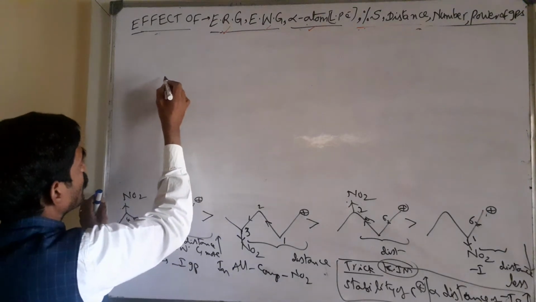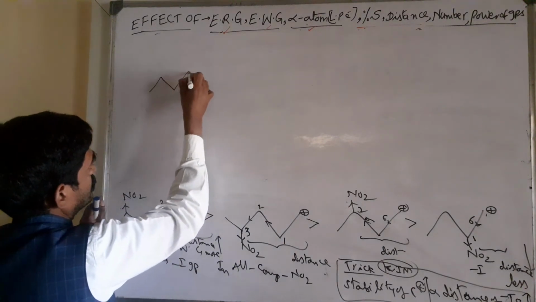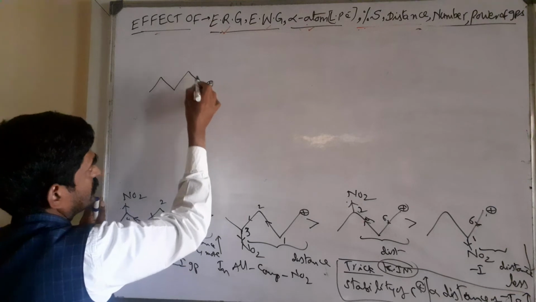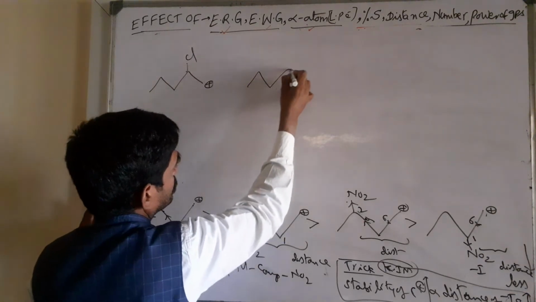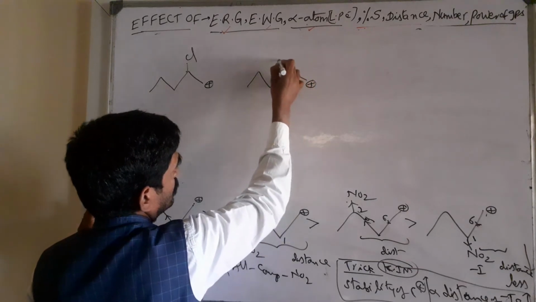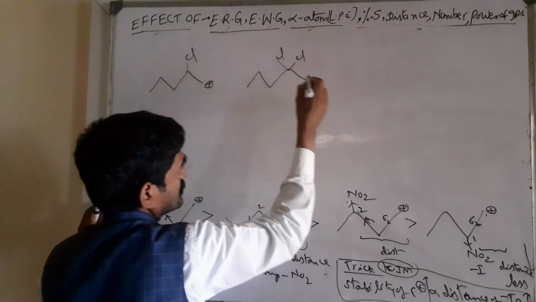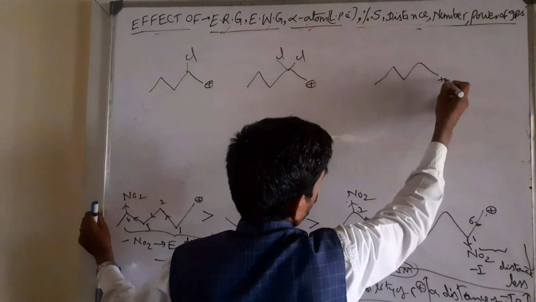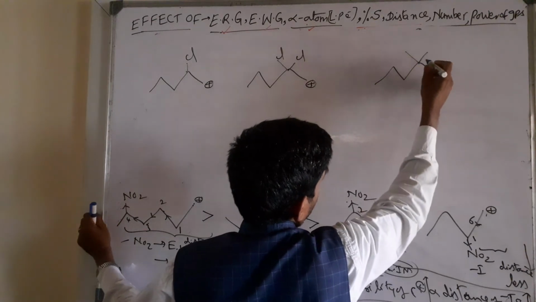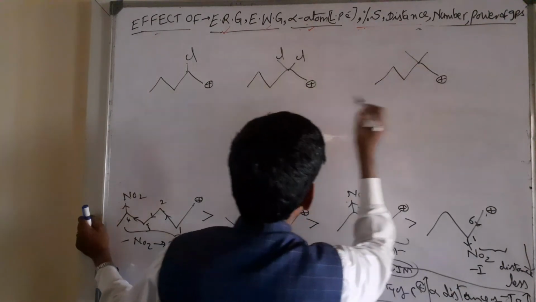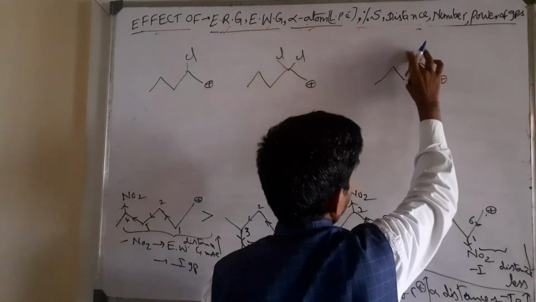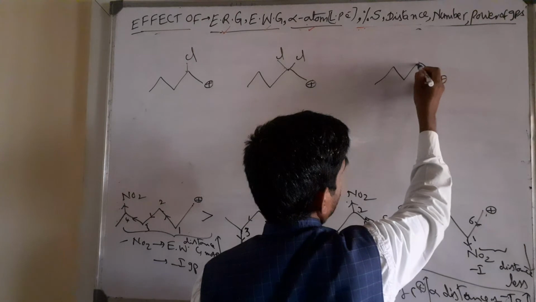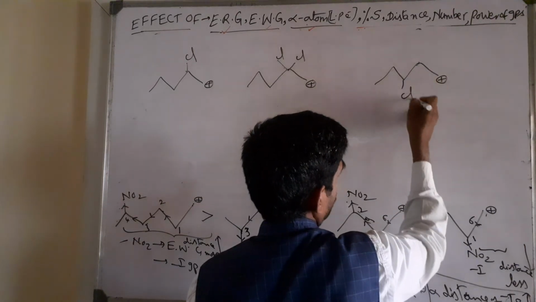For example, the compound is like this. Here is the positive charge and here chlorine is there. Here positive charge and here chlorine. And here positive charge and here carbon 1, 2, 3, 4, and here chlorine is there.